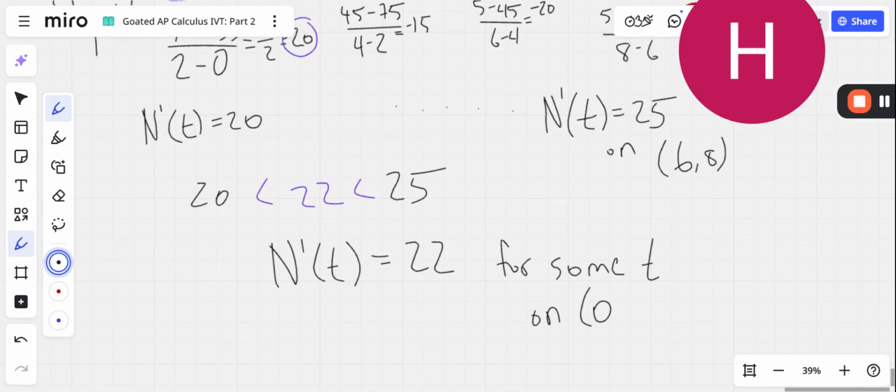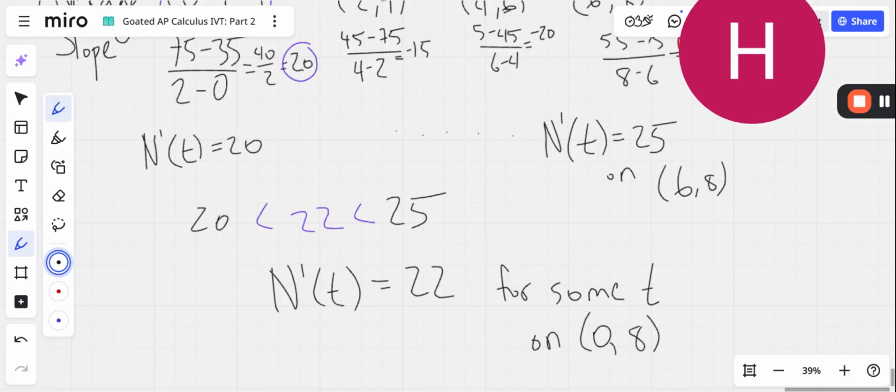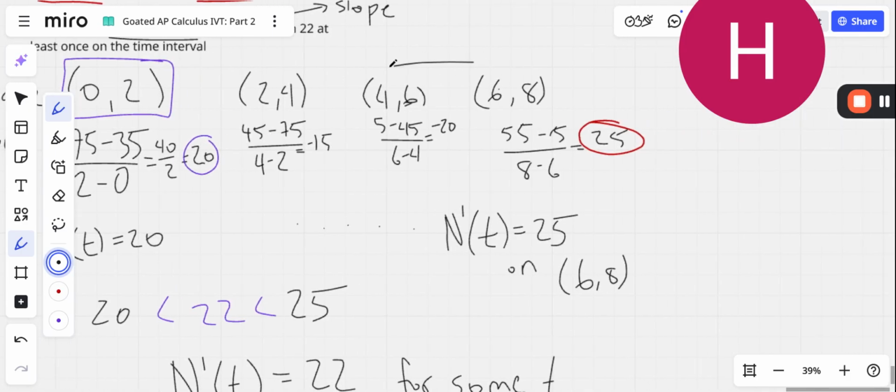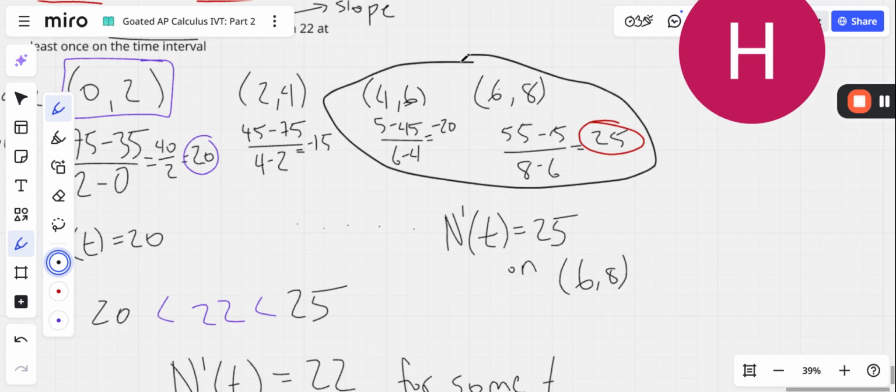I'm not going to get super specific about the intervals, so I just want to be careful and say somewhere from 0 to 8. We could refine it and figure out when that happened. For example, we can determine that it definitely happened somewhere between 4 and 8. But we know for sure it happened somewhere from 0 to 8, just from the IVT.